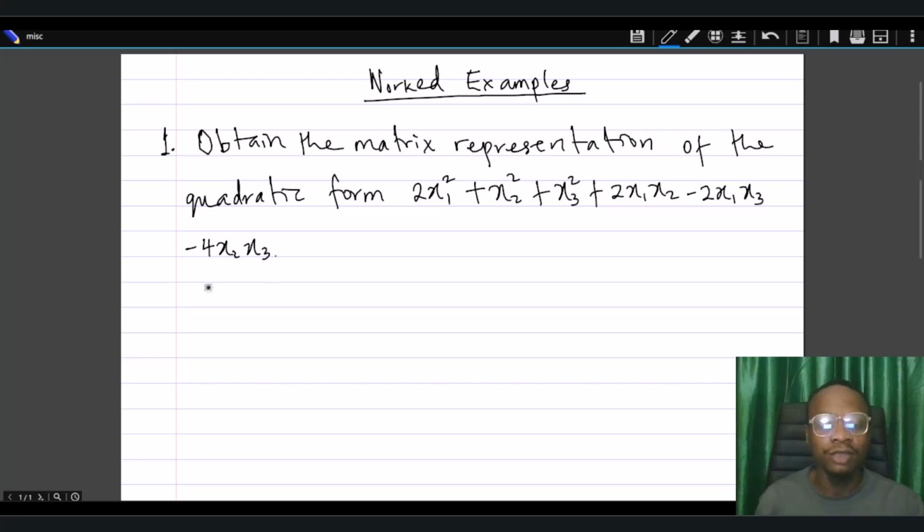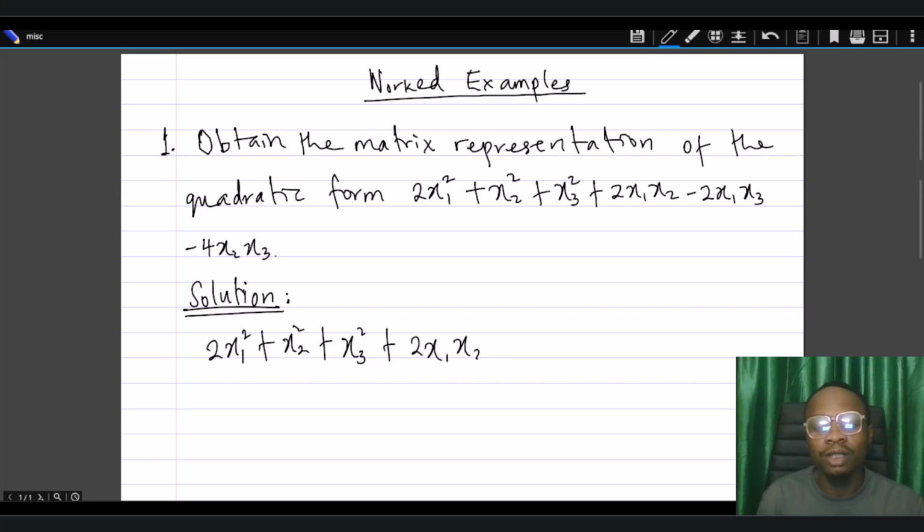So how do we deal with this? How do we get the matrix representation of this, and what is the meaning of the matrix representation anyway? Basically, it suggests that this quadratic form, 2x1 squared plus x2 squared plus x3 squared plus 2x1x2 minus 2x1x3 minus 4x2x3, could be obtained by a matrix multiplication.